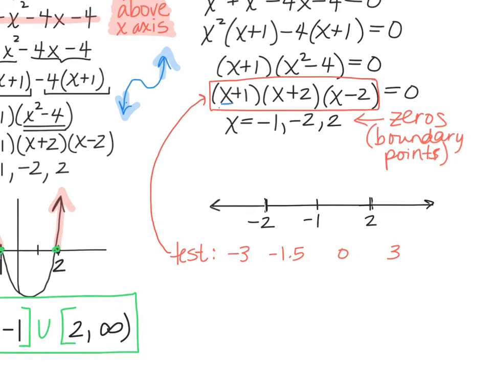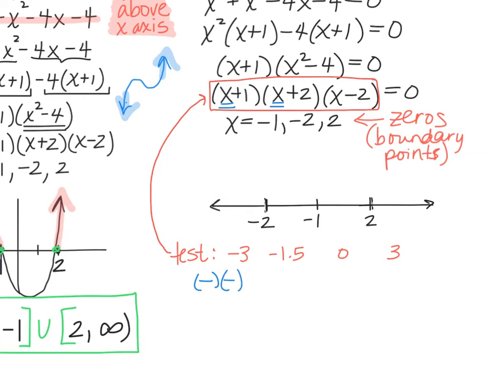So if I substitute -3 plus 1, that will get me -2. Now I'm not actually going to write down the value, but rather I'm just going to keep track of whether or not the value is positive or negative. So that first factor, x plus 1, when we substitute in -3, we get a negative output. When I substitute -3 in for x here, -3 plus 2 is also another negative output.